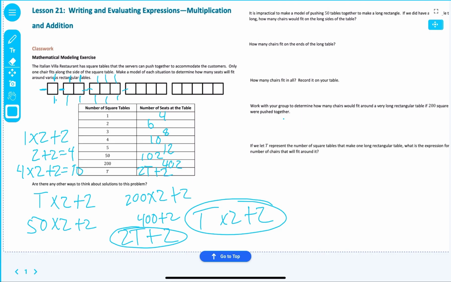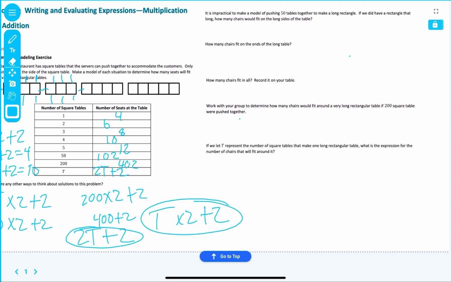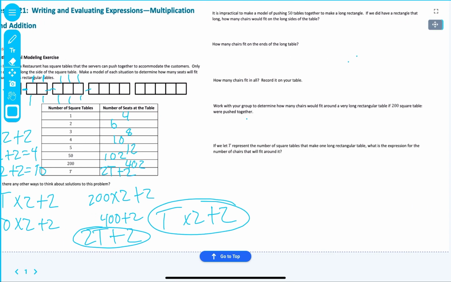So it is impractical to make a model of pushing 50 tables together and making a long rectangle. If we did have a rectangle that long, how many chairs would fit on the long side of the table? So we're only talking about the long sides of the table.